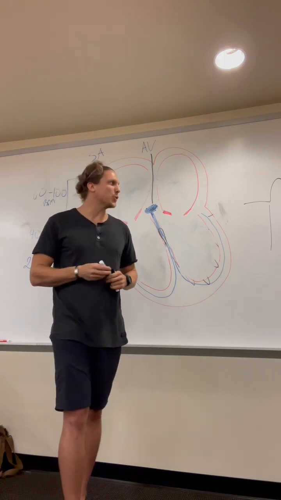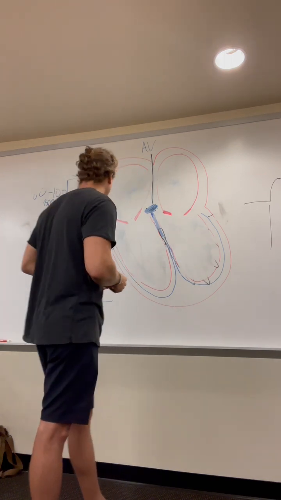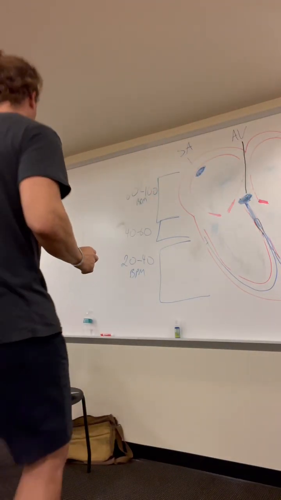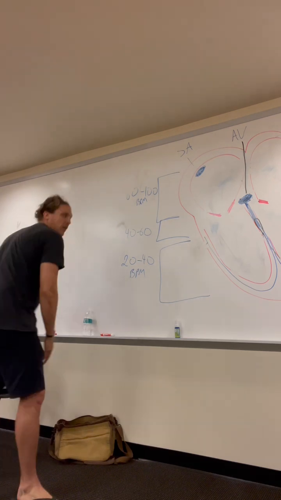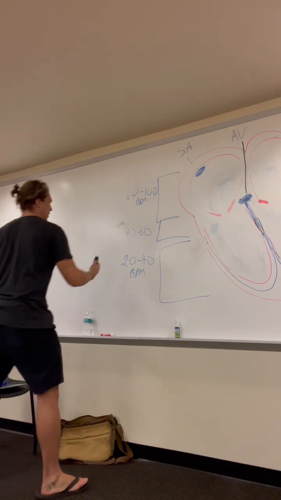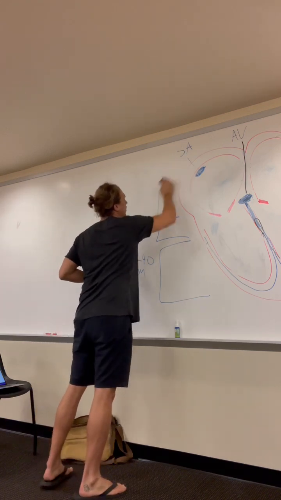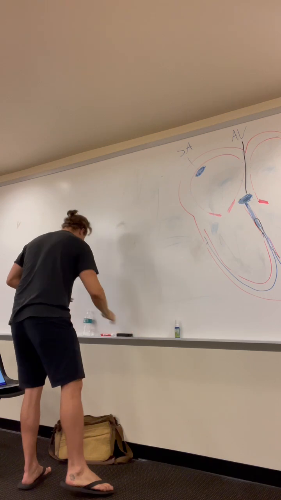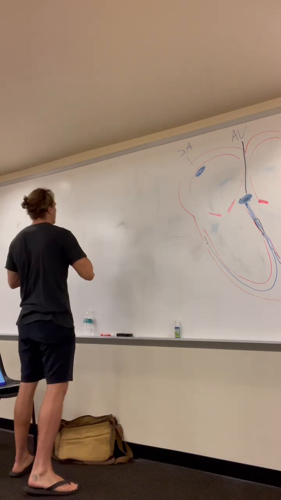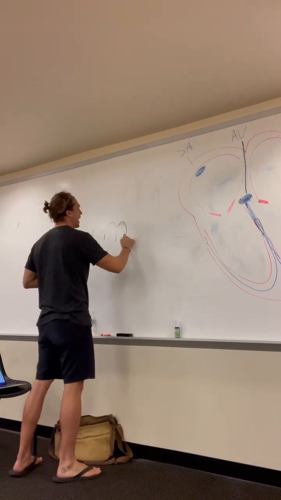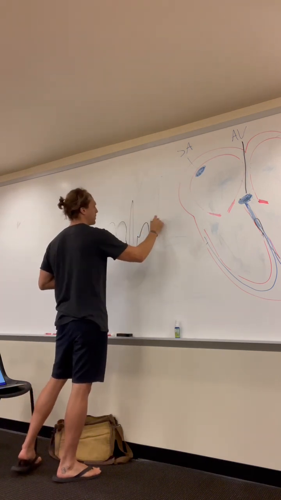Don't confuse this with atrial flutter. Atrial flutter has, we'll get to that slide, like 3 bumps and then a QRS and then 3 bumps.